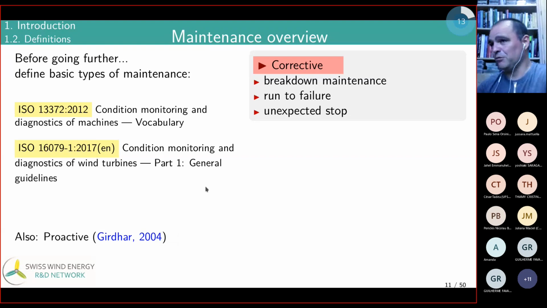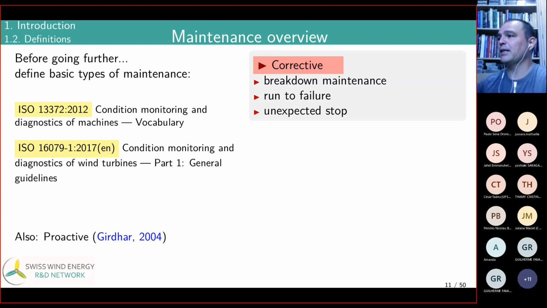And, okay, so what kind of maintenance do we have? The traditional, the corrective. So there's this expression, breakdown maintenance. Okay, what is that? It's run to failure. You just let the machine run, operate, and then it breaks at some time, and then you change the gear, you change some parts that need to be changed.